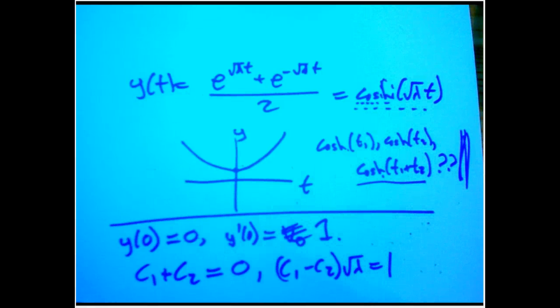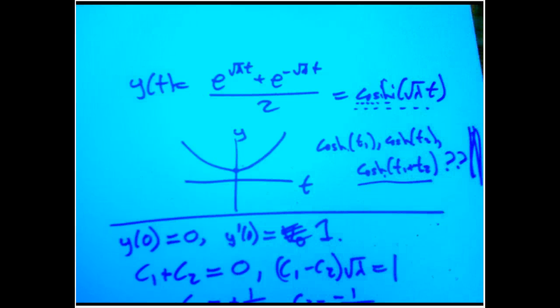So c1 and c2 are opposite of each other, and it's pretty easy to see c1 equals minus 1 over 2 root lambda, and c2 is plus 1 over 2 root lambda. My handwriting is just going downhill. It's late at night.